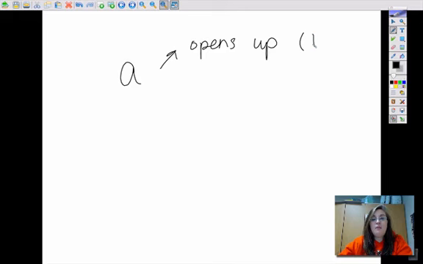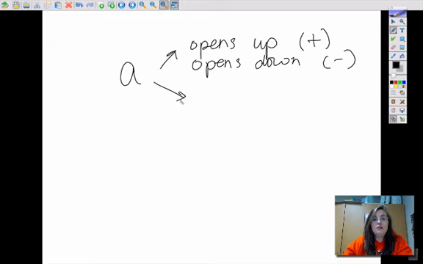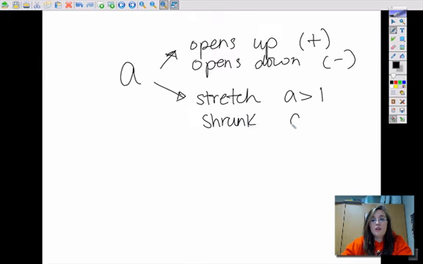It opens up if a is positive, and it opens down if a is negative. And you can also look here to see if it is going to be stretched. That would be if a is greater than 1, or shrunk if a is less than 1. Okay?